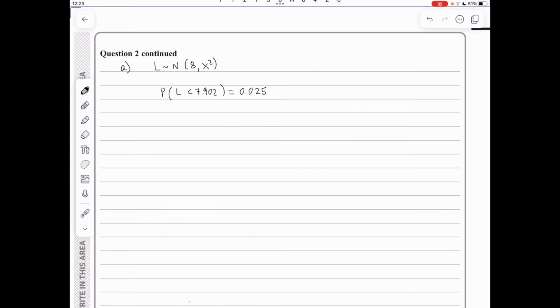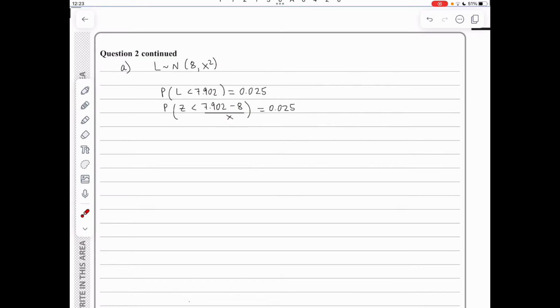So from L we go to Z, and we've got the probability of Z less than 7.902 minus 8 over x is 0.025. Remember, we are deducting the mean and we're dividing by the standard deviation to go from a normal distribution to the standard normal distribution.